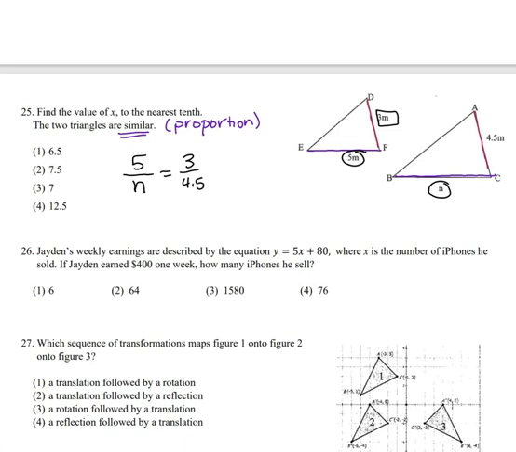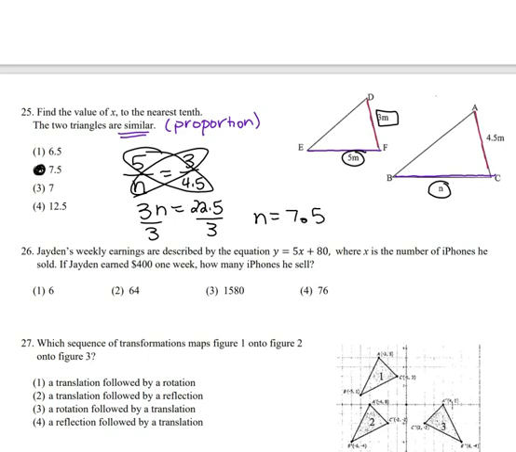Now from here, once I have my proportion, I could cross multiply. 3 times n is 3n, and I'm going to take 5 and multiply it by 4.5 to get 22.5. Now from here, I'm just going to divide out by 3, and my n is going to be 7.5, which is choice number 2.